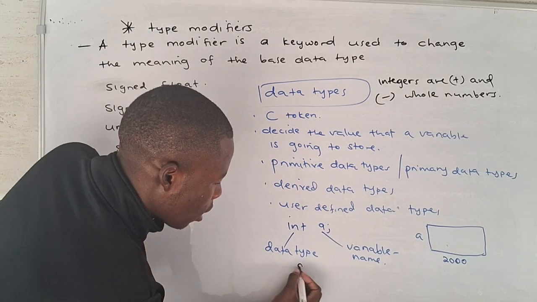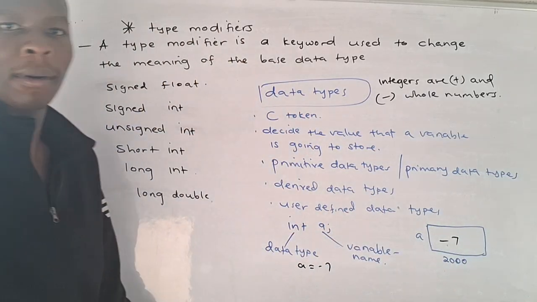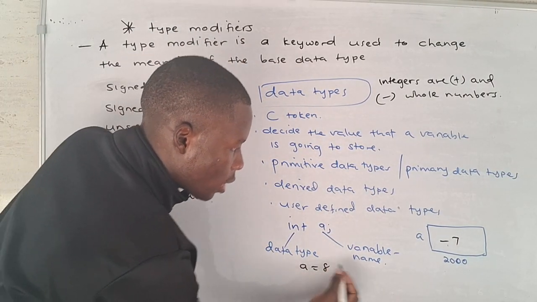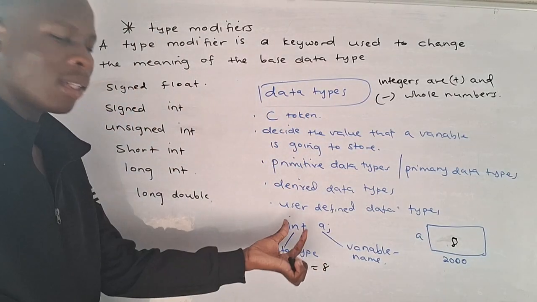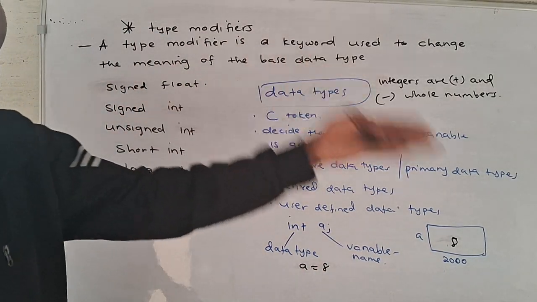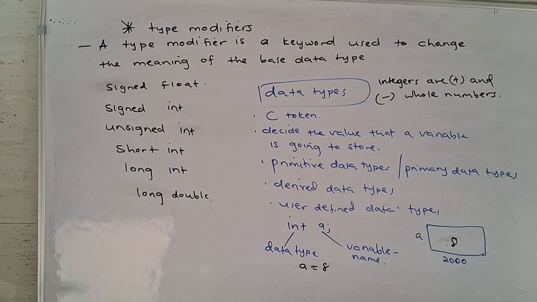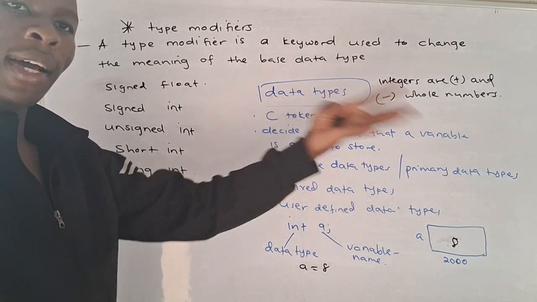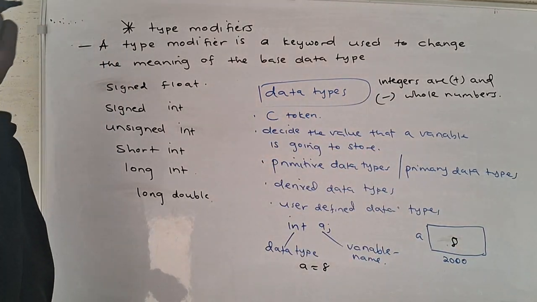If you write a is equal to negative 7, it will come, no problem. If you write a is equal to 8, it will come, no problem. So by default, this int is going to take either a positive integer or a negative integer.